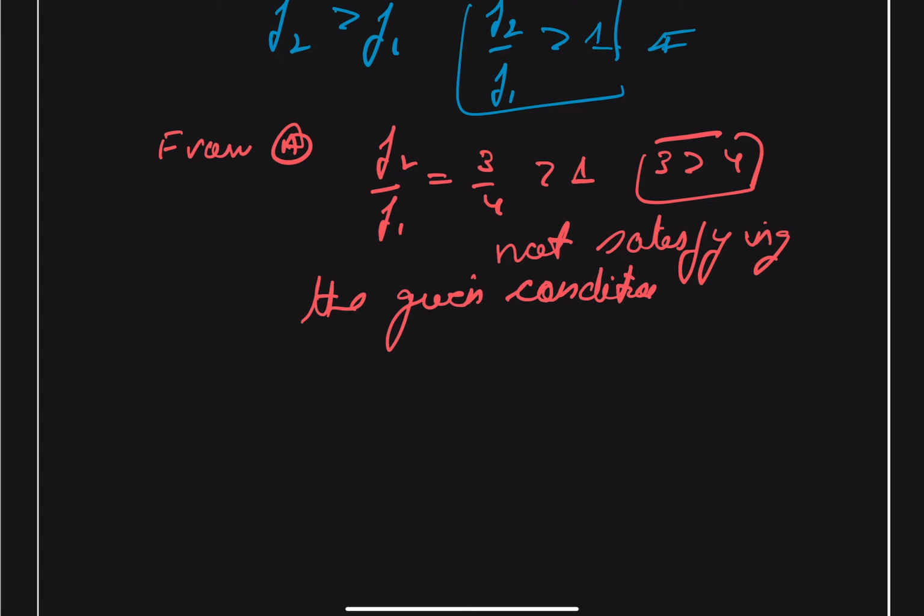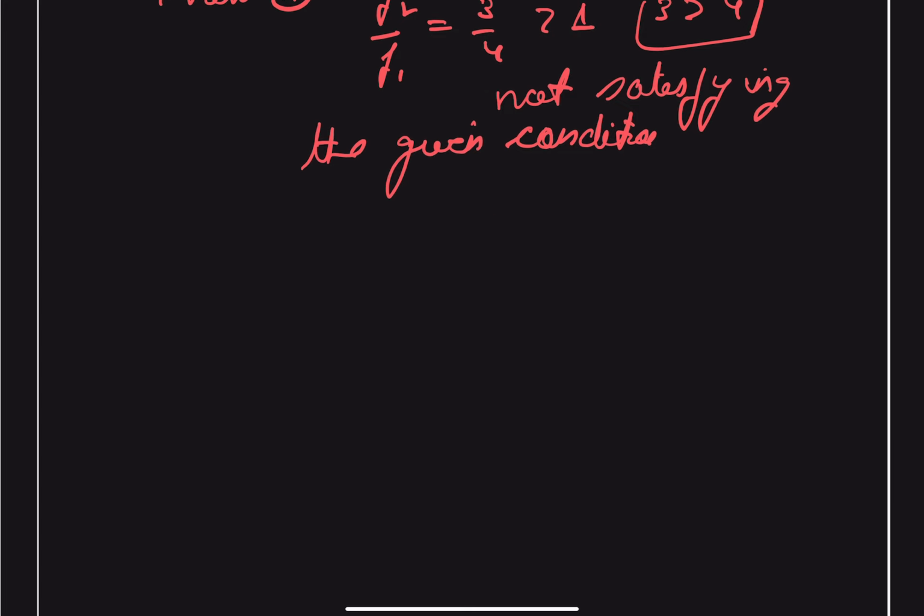Let us check option C. We have f2 upon f1 equal to 5 upon 4, which is greater than 1, and this gives 5 is greater than 4. Therefore, this satisfies the given condition.